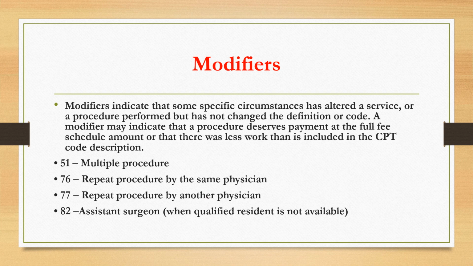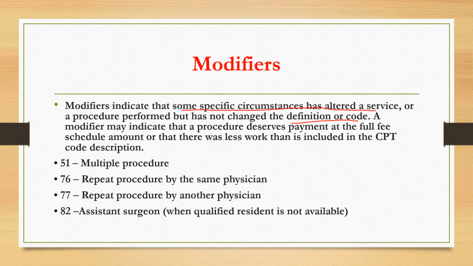Modifiers. Modifiers indicate that some specific circumstance has altered a service. For example, a procedure performed but has not changed the definition or code. If you are done with a surgery, but you need more surgeries related to that, things are not getting better, they have to proceed further.